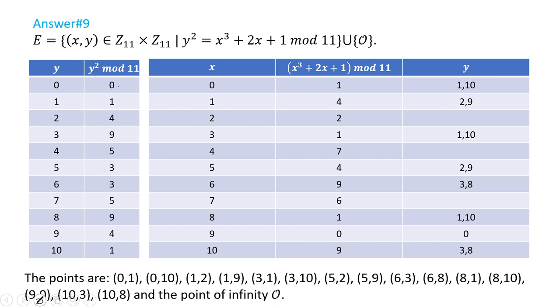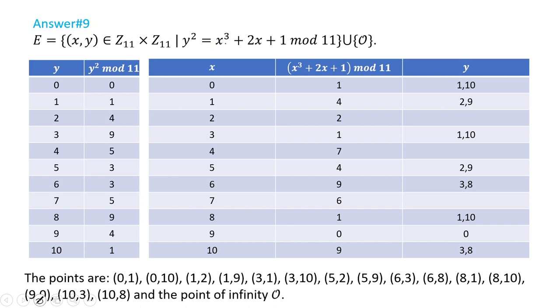And you can see that only 0, 1, 3, 4, 5, 9, these 6 elements in Z11, are actually perfect squares of some element in Z11. The rest of the elements like 2, 8 are not present here, so they are not perfect squares of some element. So only these elements are perfect squares of some element in Z11.